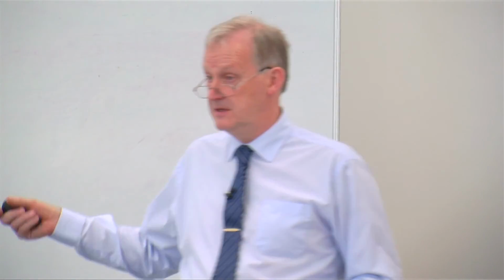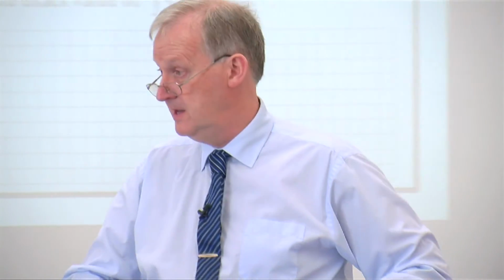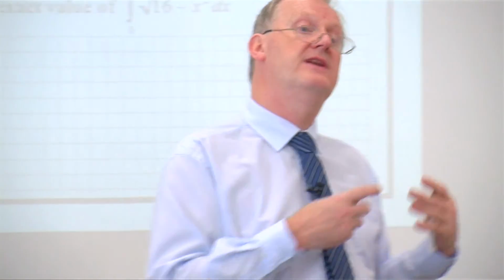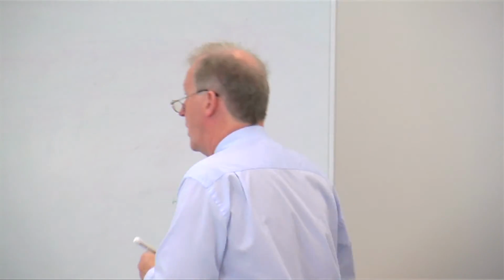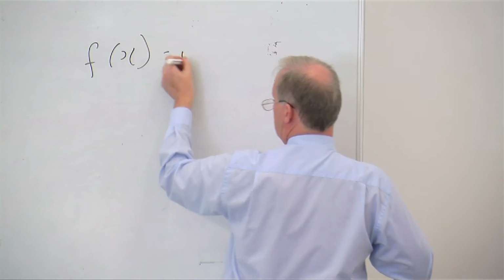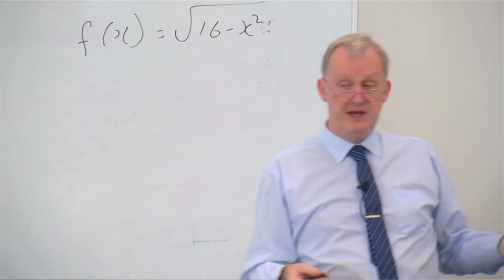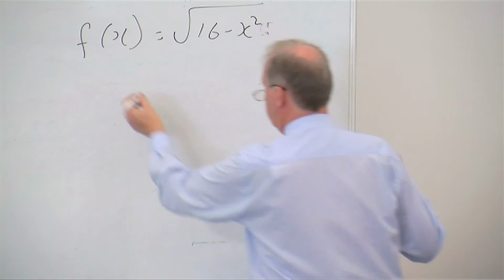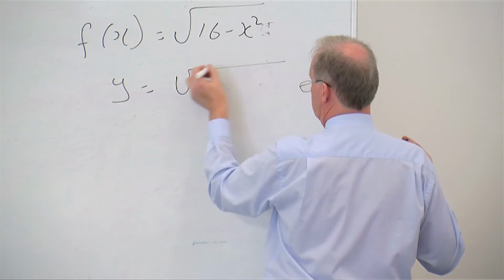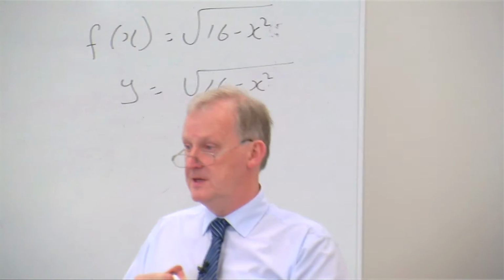What have you been asked? Forget integration. You've been asked, find the area underneath that curve. What curve? Give me another way of writing down f of x. Don't know about you lads, but I hate square roots.